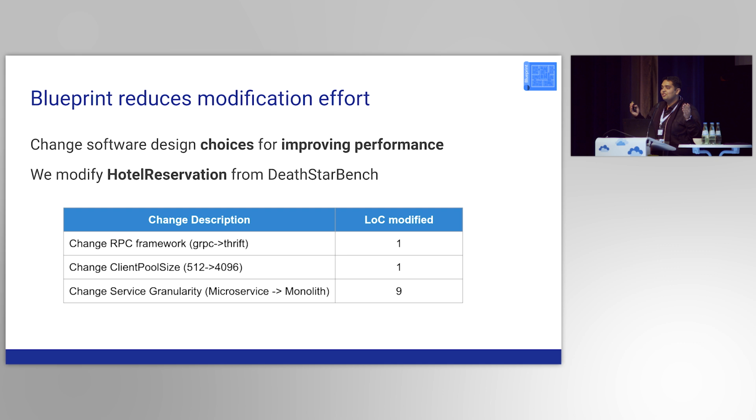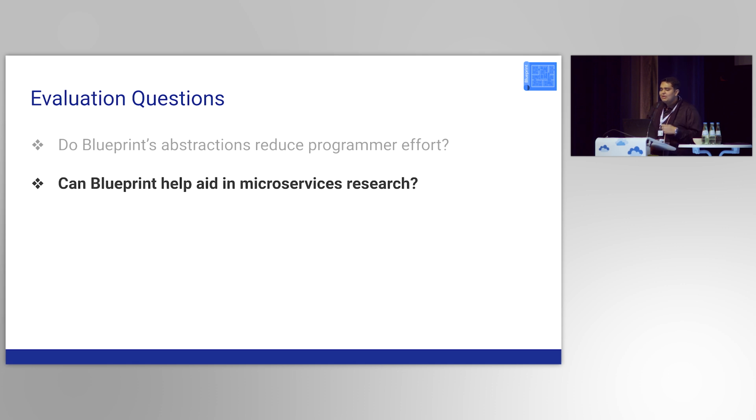And changing the granularity of deployment from multiple microservices to a single monolith required only 9 lines of code changes. Blueprint makes modifications easy by restricting the amount of changes required strictly to the wiring specification, allowing the compiler to do the heavy lifting. Now let's take a look at how Blueprint helps researchers.